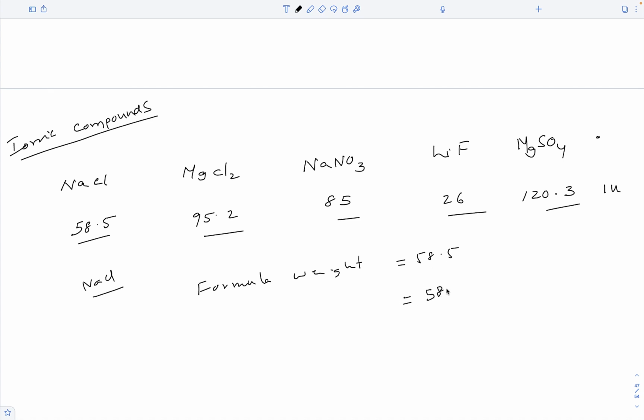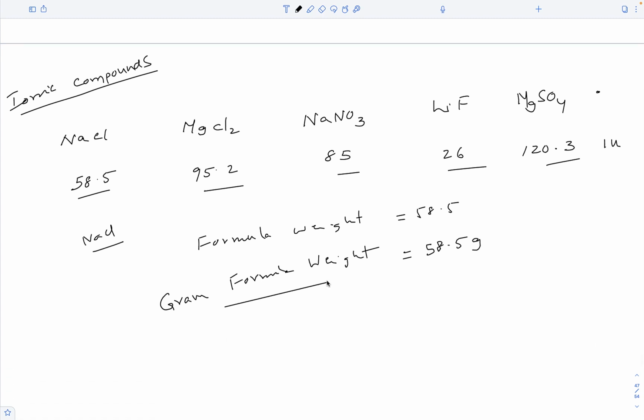So if you take 58.5 grams of sodium chloride, it is 1 gram formula weight of sodium chloride. So gram formula weight is nothing but formula weight of an ionic compound in grams.